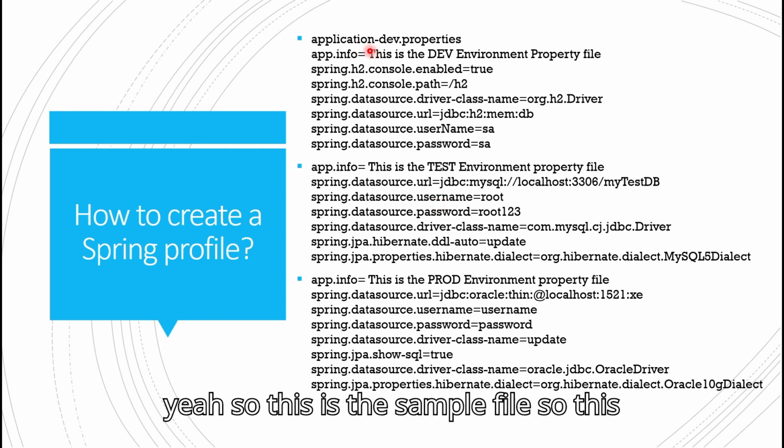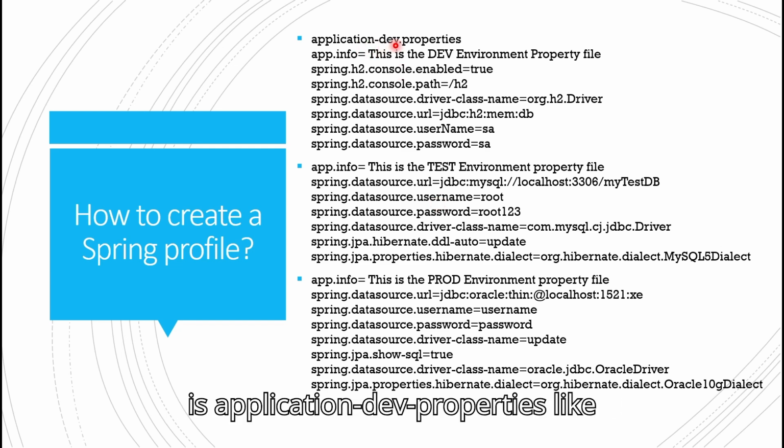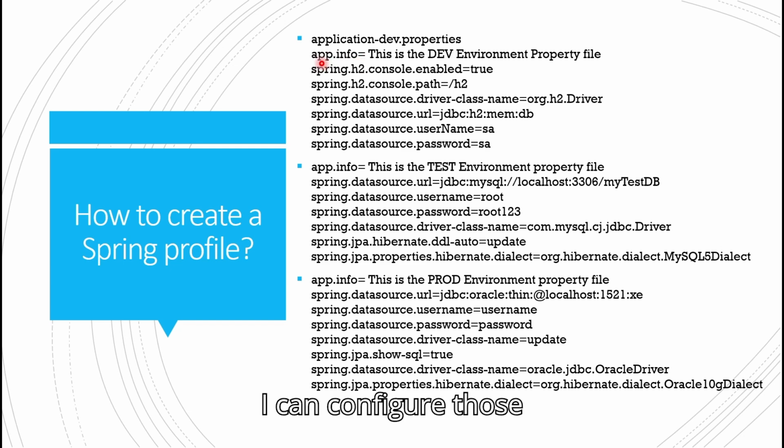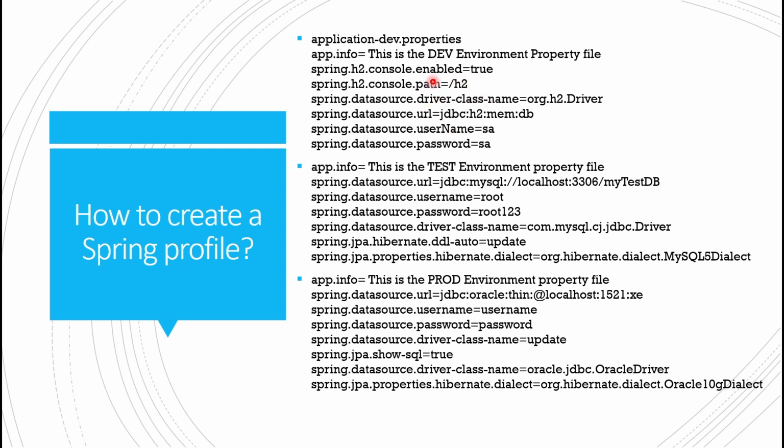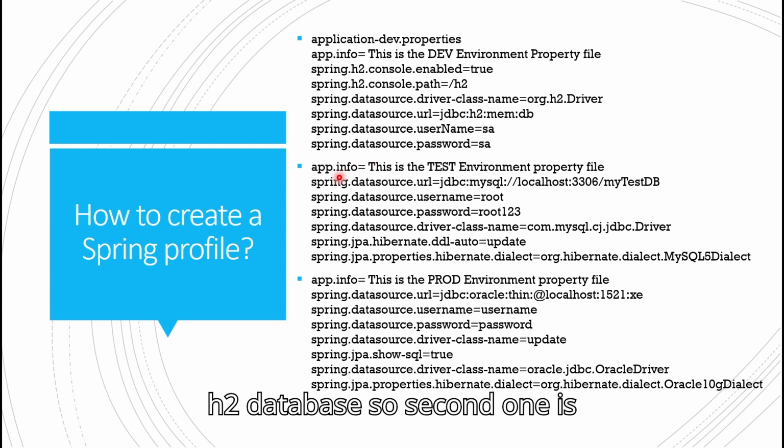Yeah, so this is the sample file. This is application-dev.properties. I can configure properties like app.info, which is specific to the dev environment, and the username and driver class name related to the H2 database. The second one is application-test.properties.